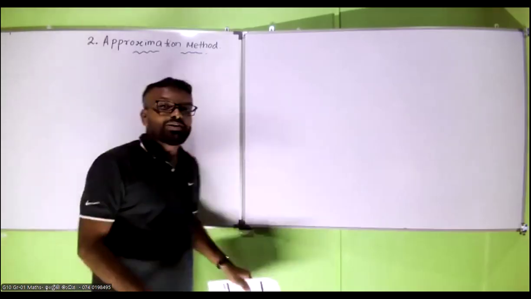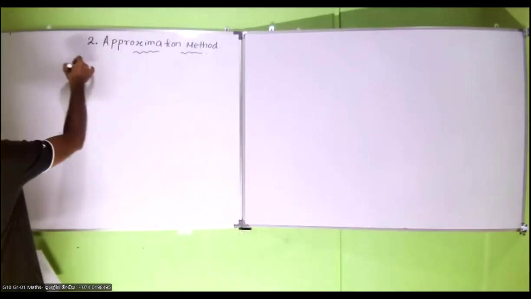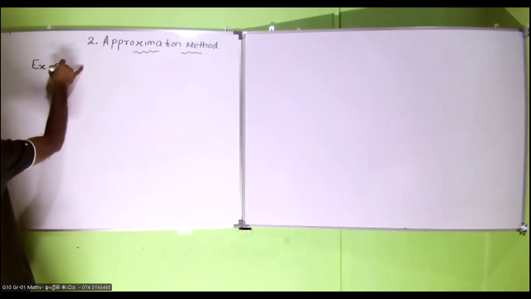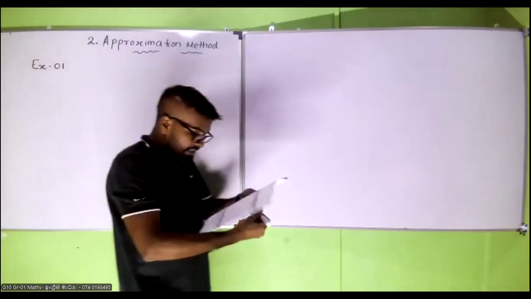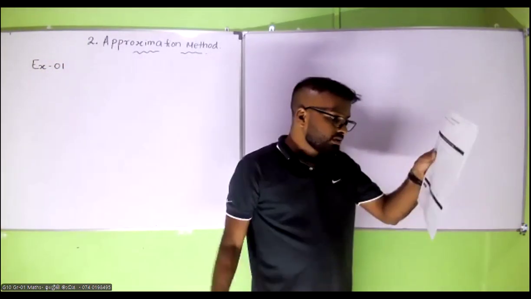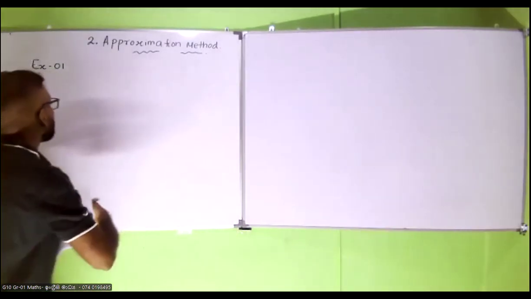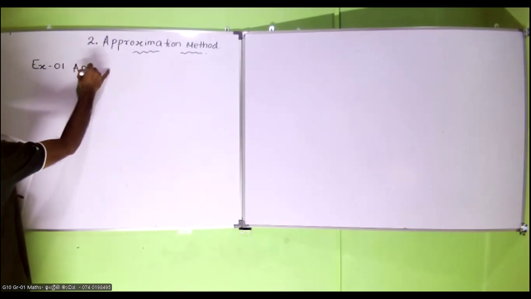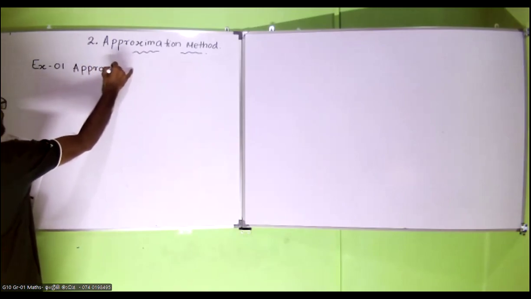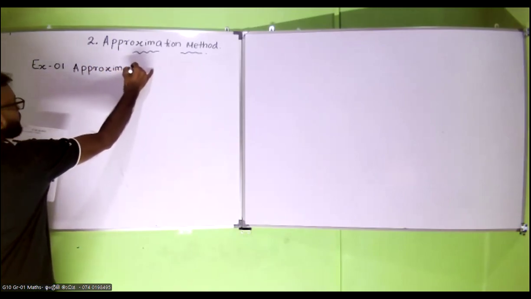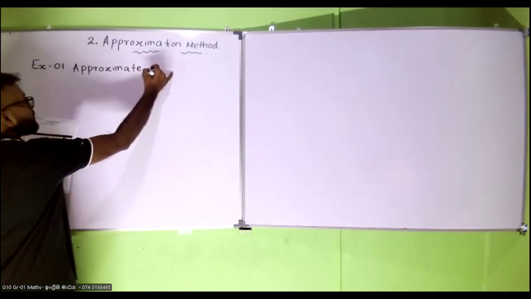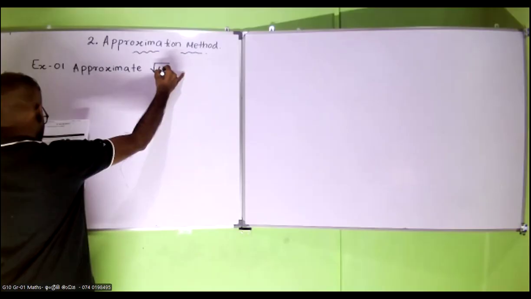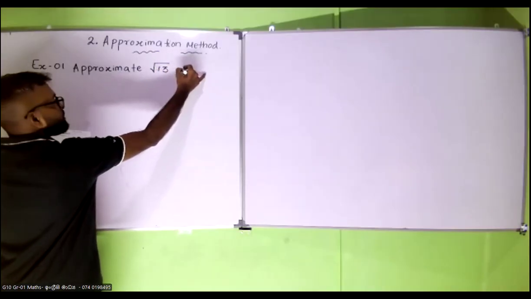So example number 1. Example number 1 says approximate. Write down, son. For the students who do not have the tute: approximate the square root of 30 to the first decimal place.